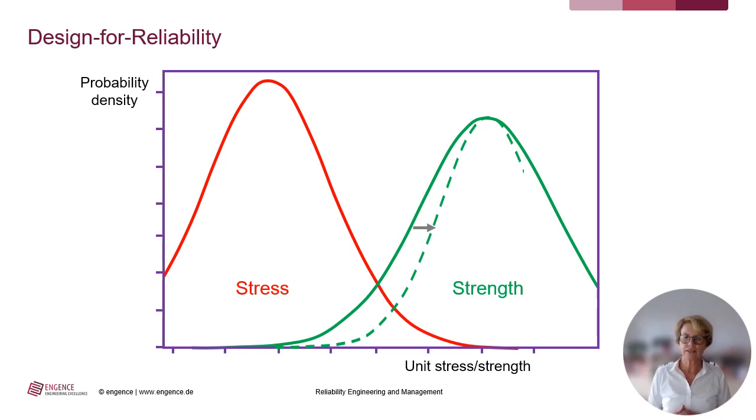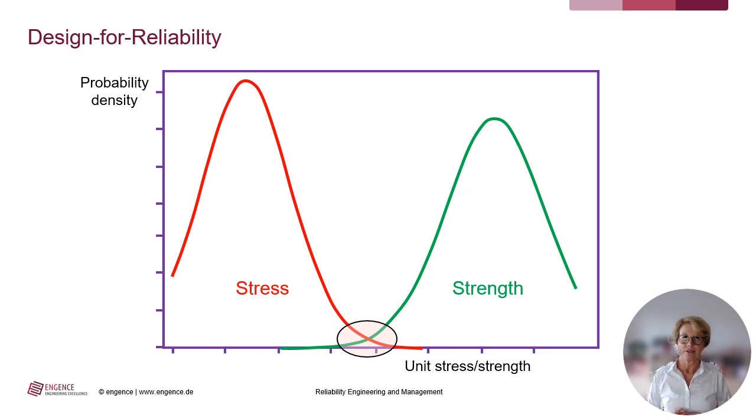Or again, just reduce the spread of the strength by limiting the tolerance ranges of the production processes. As a result of these actions, the overlap area of the stress and strength functions becomes smaller. That means we reduce the probability to fail and increase the reliability.